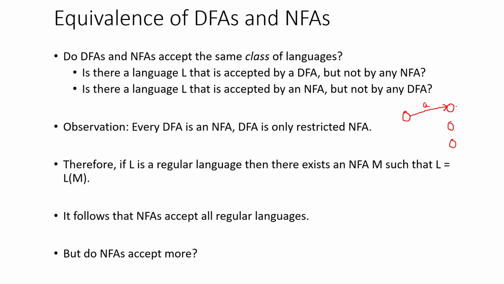That's why the term regular language comes into the picture. Anyway, what it is saying is that if L is a regular language, then there exists an NFA such that L equals L(N). What does it mean? It means that there must exist some NFA machine, which we represent by capital N, that accepts the language generated by the machine. They are the same.